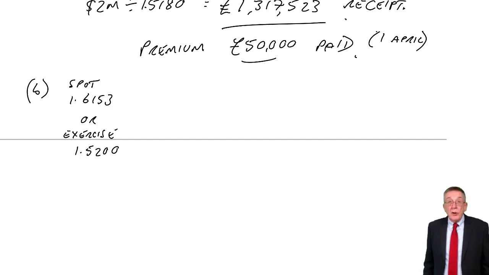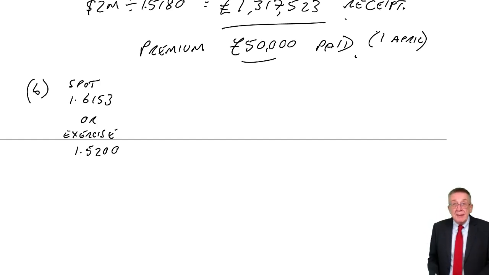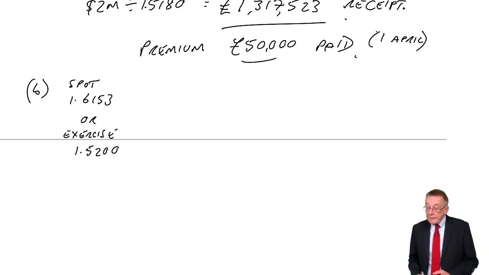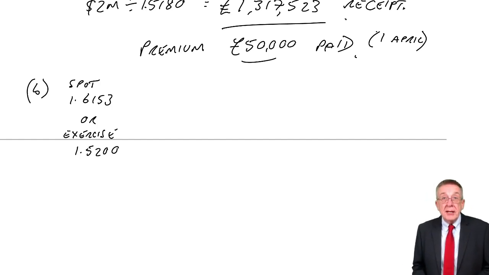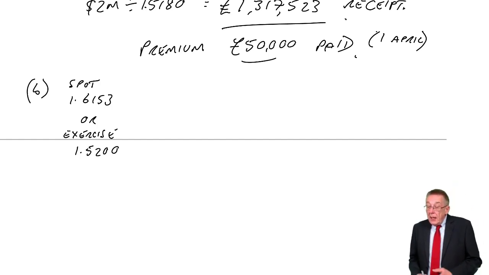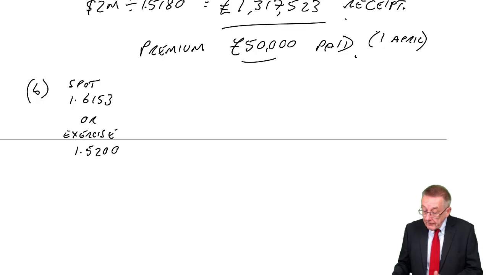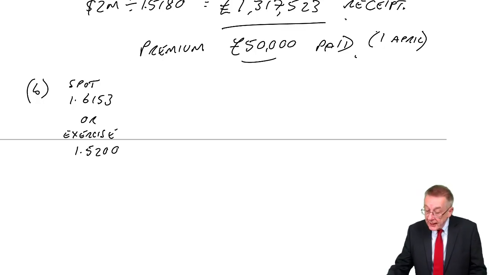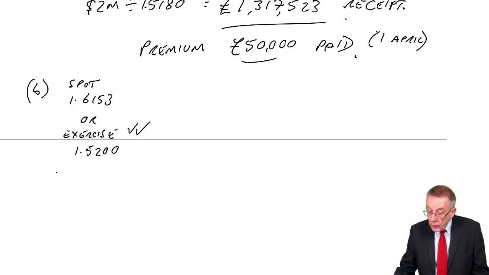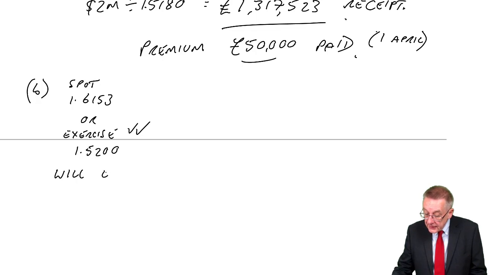Well, it's our choice, but remember we're receiving money. So I want whichever gives us the biggest receipt. And so which will we choose? Surely the bigger receipt would result from exercising the option. We will exercise.